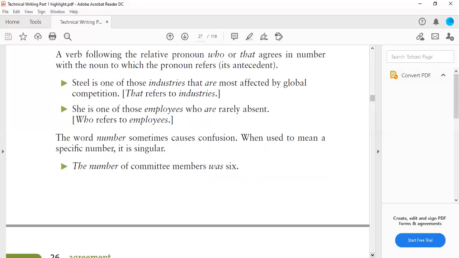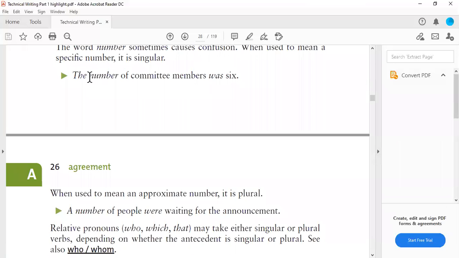The word number sometimes causes confusion. When used to mean a specific number, it is singular. The number of committees was 6. Now, why do we use was? Simply because the subject is number, and number is singular. When used to mean an approximate number, it's plural.